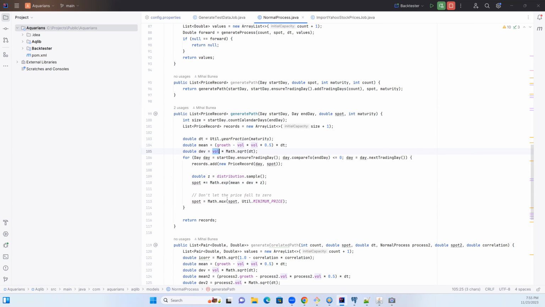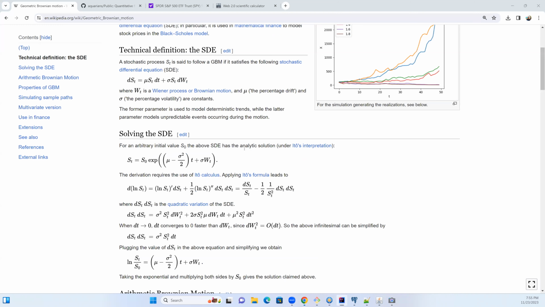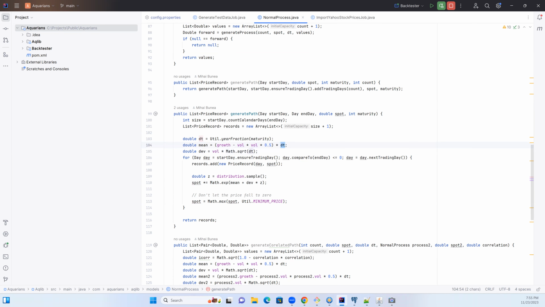It's this vol, it's sigma, and instead of using time, we're going to use the square root of time. So magic, just take it like this for now.